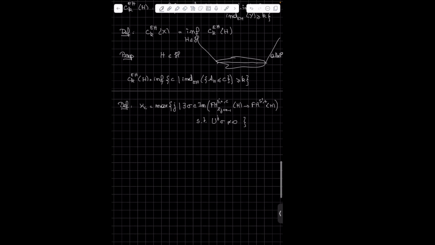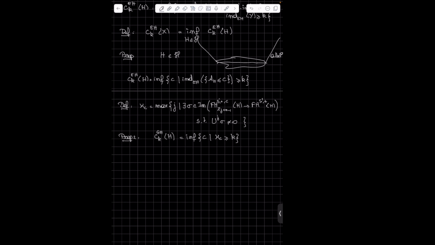And then the next proposition, which since I haven't put a definition, could also be a definition, is you can define the K capacities from positive S1 equivariant homology associated to a fixed Hamiltonian to be the infimum over C such that this quantity kappa C is at least K. And then I'm claiming that the infimum over H of those quantities gives the usual capacities we know.